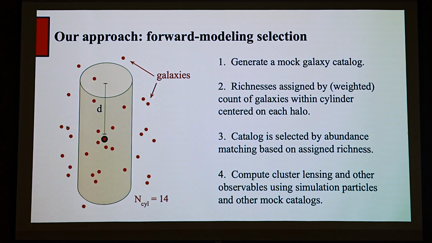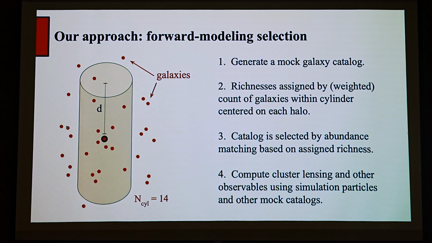So this is a process to produce a cluster selection. First, you generate a mock galaxy catalog. In our case, we use HOD methodology. We assign richnesses / cylinder counts based on a weighted count of the mock galaxies within cylinders centered on the clusters.